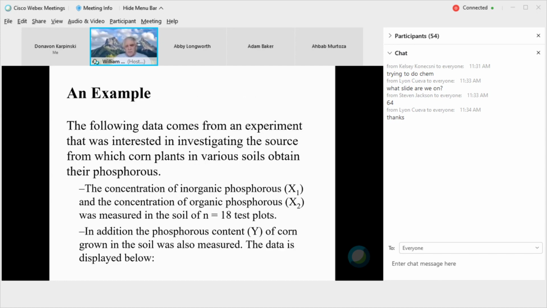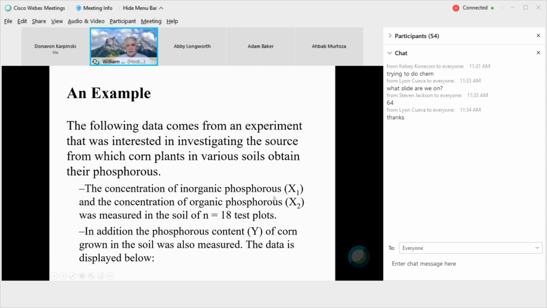Here's an example. Here we're measuring the concentration of phosphorus in corn plants. So the dependent variable is the amount of phosphorus that's in each of the corn plants. The predictor variables are the amount of phosphorus that's in the soil, and it could be in two forms, inorganic phosphorus and organic phosphorus.